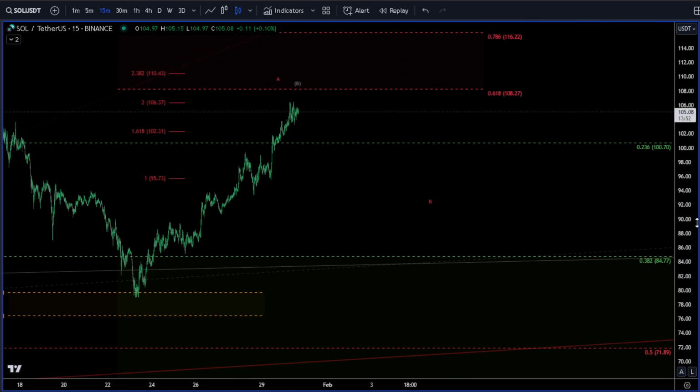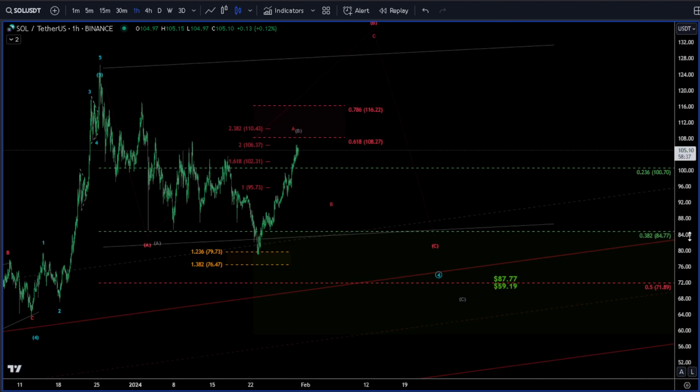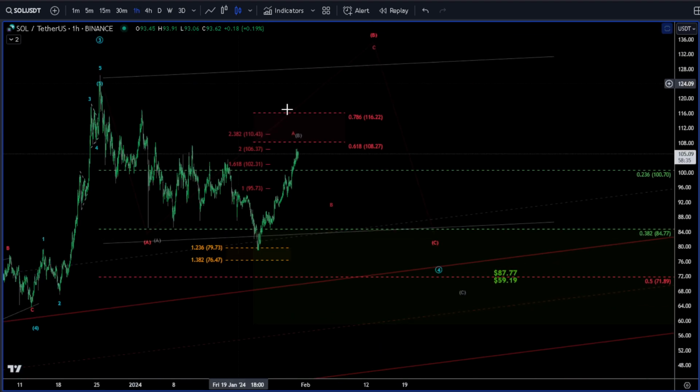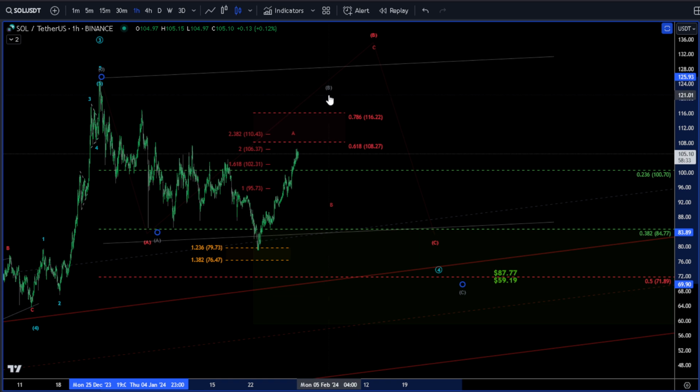And in that scenario, this would be a 1, 2, 1, 2, and we're making a 1/3 of a 1/3, come up, 4th, 5th, etc. But in that scenario, it's not impulsive.